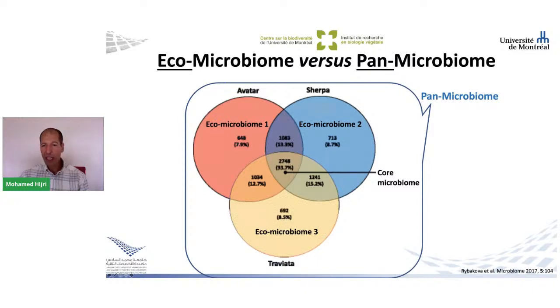And also we can see here, as I said, the core microbiome. Together, all these eco-microbiomes form what we call a pan-microbiome. A pan-microbiome is sometimes broad. Of course, here the authors have used only three cultivars, so for a pan-microbiome we have to compare as many cultivars as possible to have a broad idea.